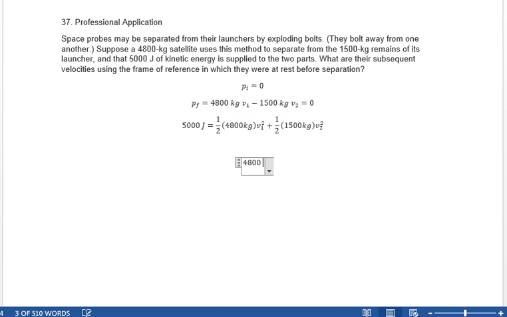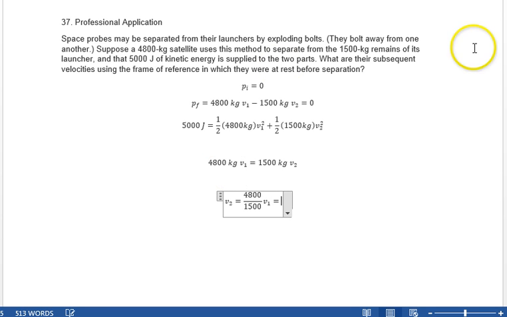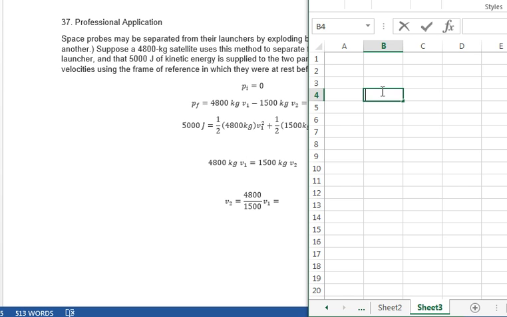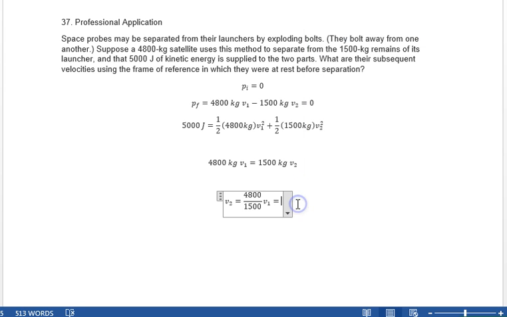First is 4,800 kilograms V1 equals 1,500 kilograms V2, right? If we solve for V2, V2 equals 4,800 divided by 1,500 times V1, which is 3.2 V1.